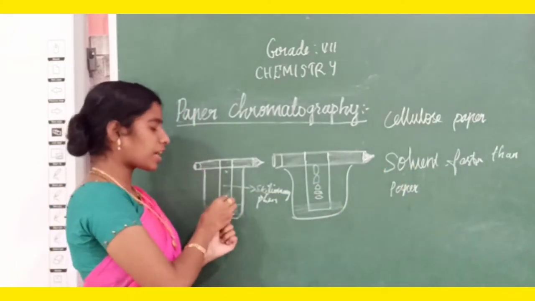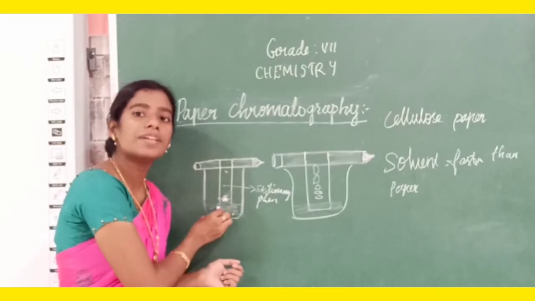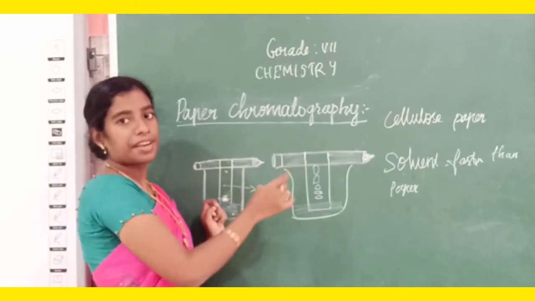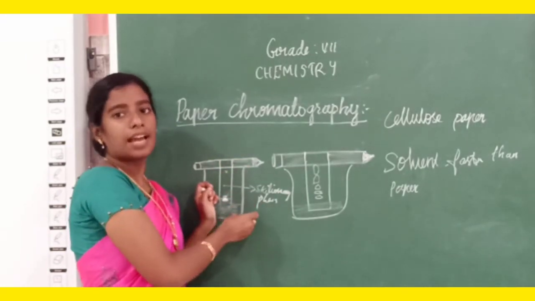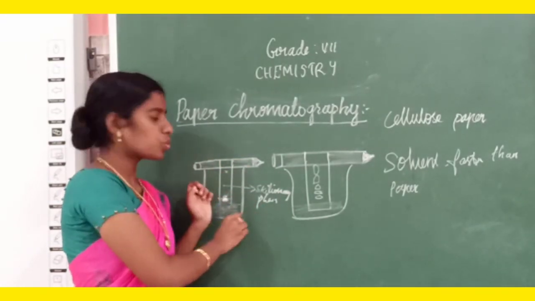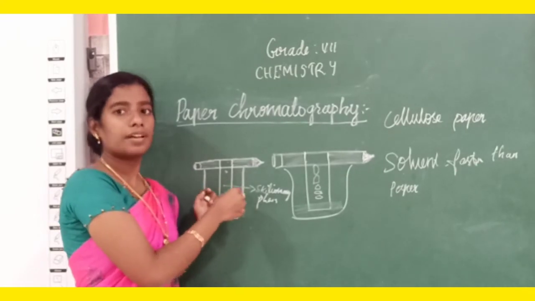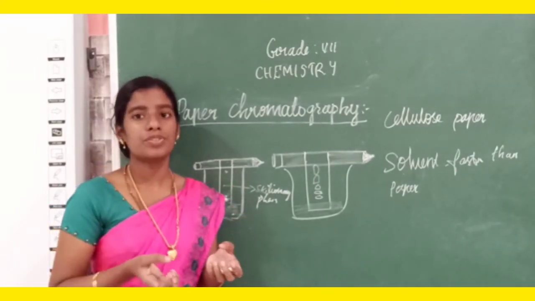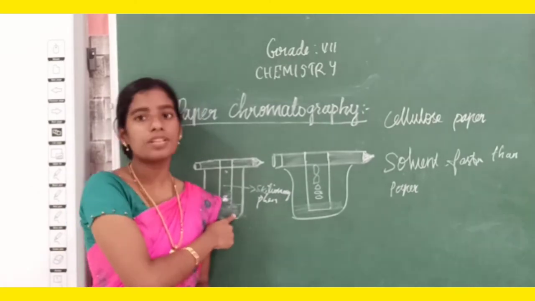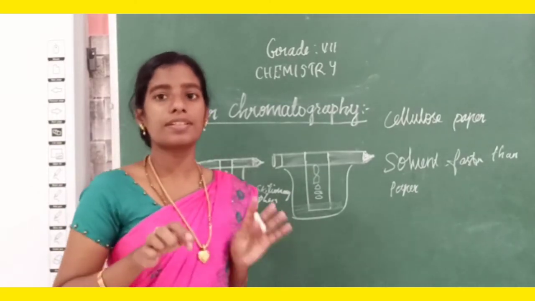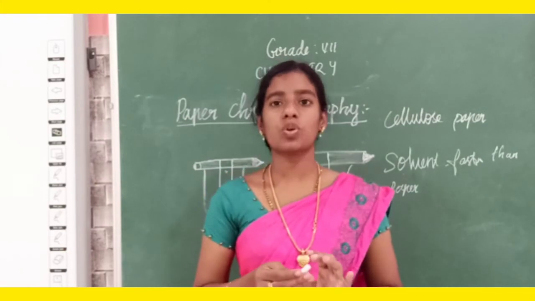The substances which are attracted more by the solvent move faster, and the substances which are less attracted to the solvent move slower. Do you understand what paper chromatography is?